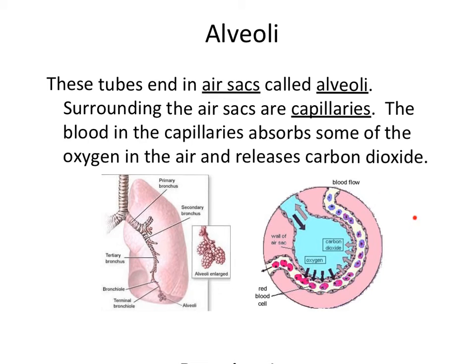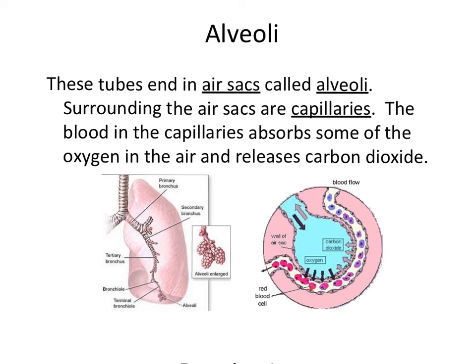As you can see here is an alveoli. There is a layer of cells separating other structures from the air coming in and out. And there is always a capillary right beside each and every air sac, or alveoli. The reason is, this is where gas exchange is going to happen. If you remember, all cells need to accept oxygen and release carbon dioxide.